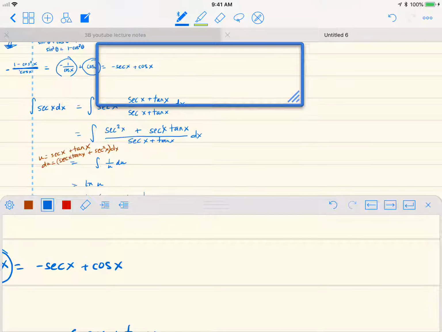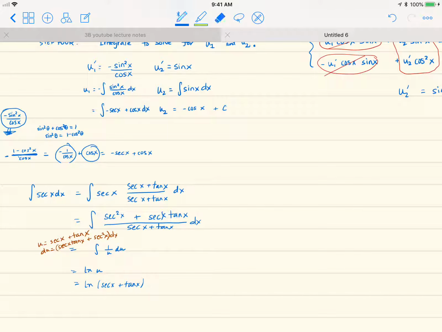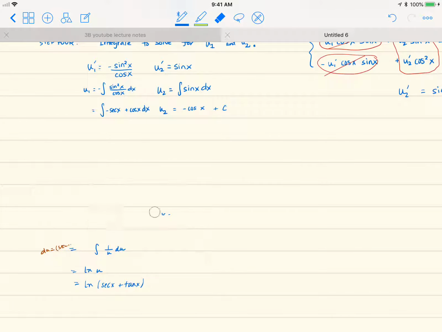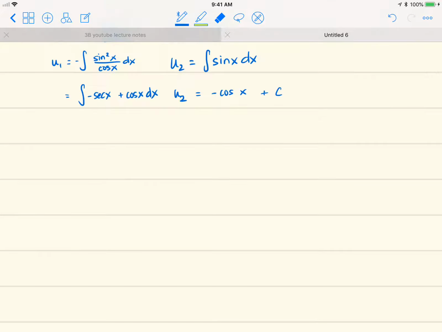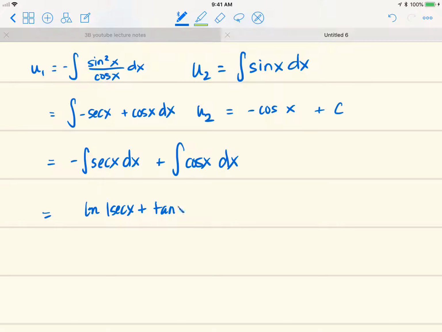Okay, so over here, I'm trying to solve for u1 prime. I'm trying to solve for u1. We've got all this extraneous matter here. The bottom line is that u1 is going to be equal to negative integral secant x dx plus the integral of cosine x dx. And the integral of secant x is natural log secant x plus tan x.